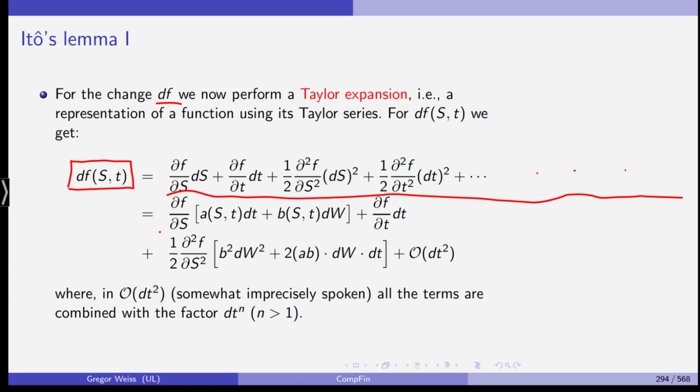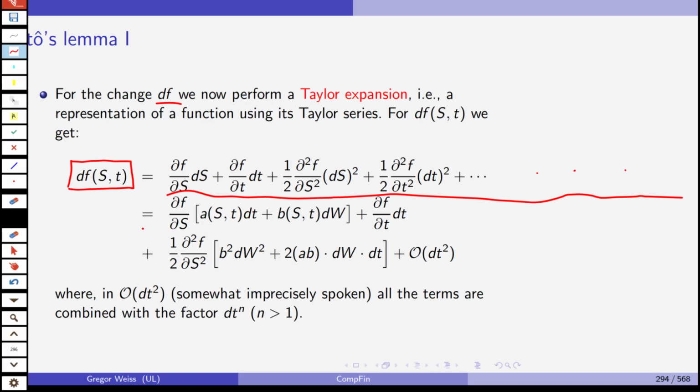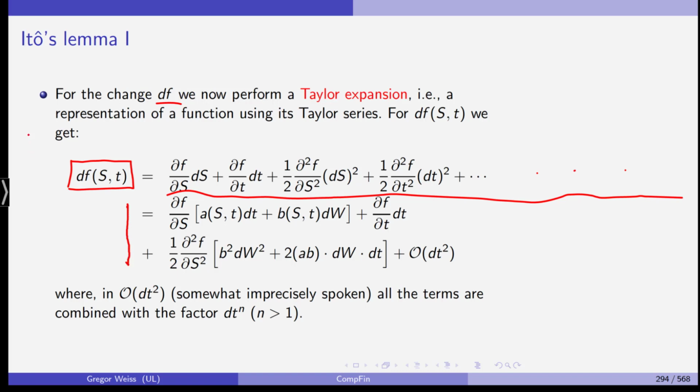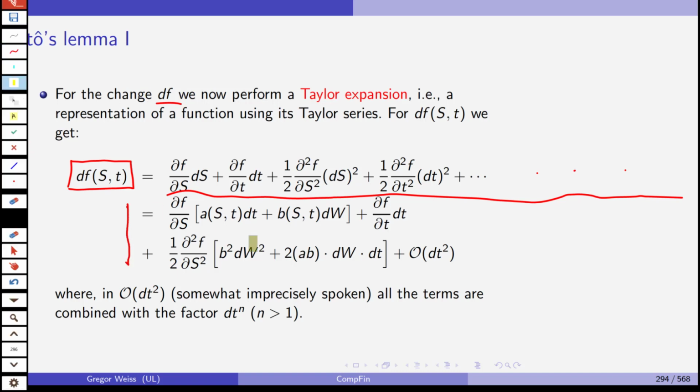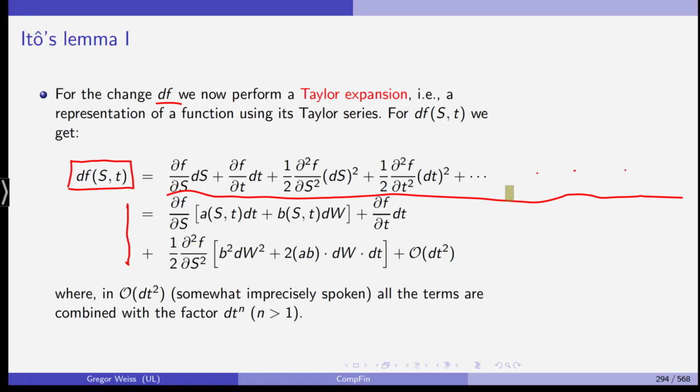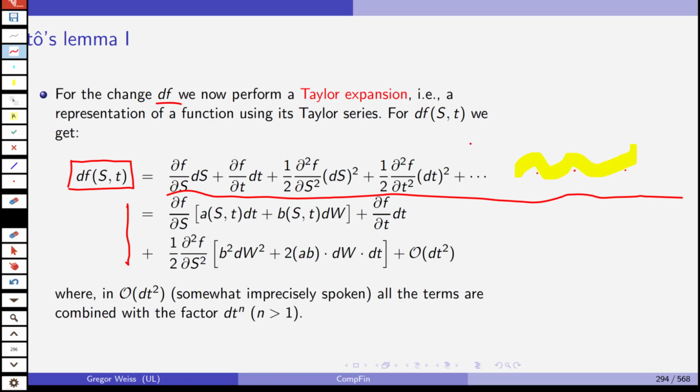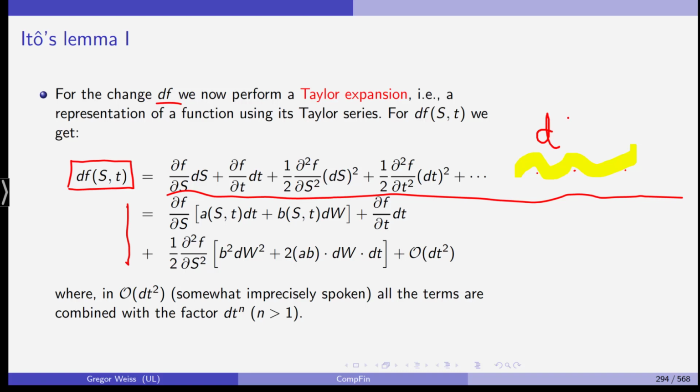This is given here. And the important thing now to see is that actually everything that comes later on has the change in time, for example, to the power of 3, to the power of 4, and so on and so on. And the change in time dt is infinitesimally small.